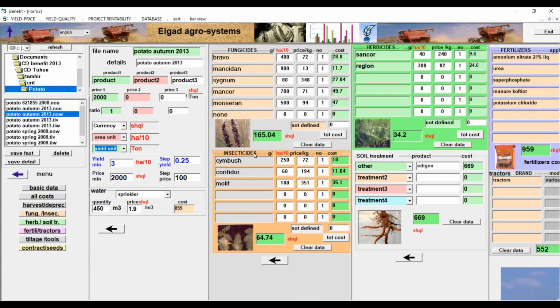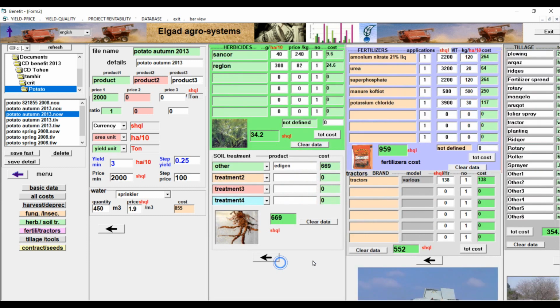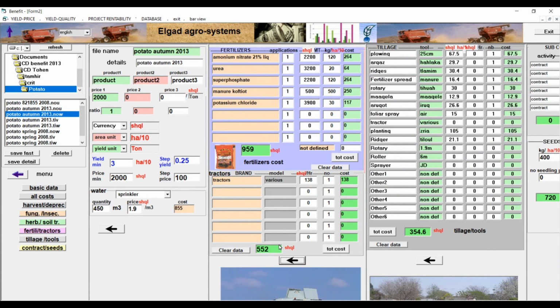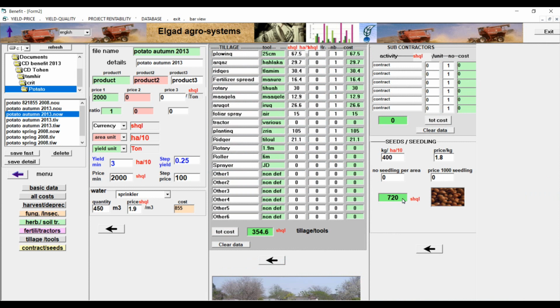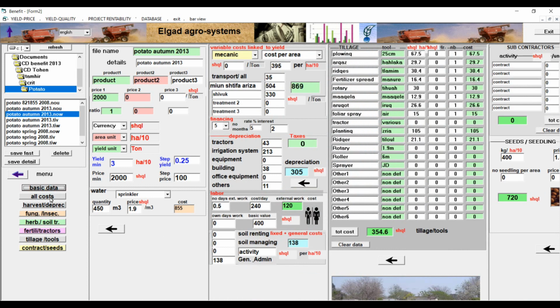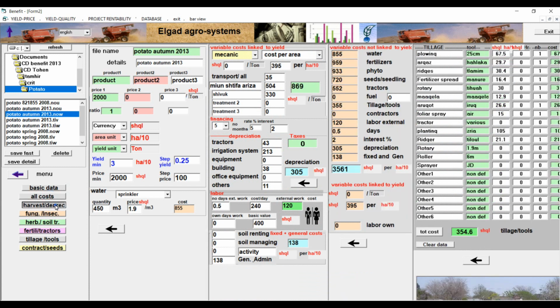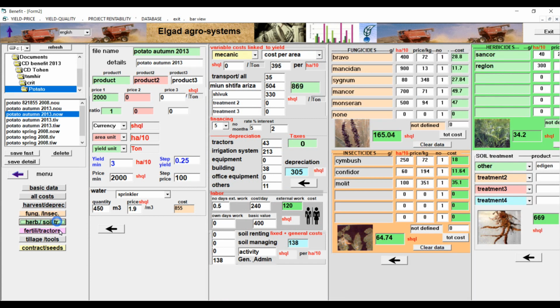Here, for instance, regarding the plant protection, I have detailed each product, the cost, the amount of treatment, the herbicide, the fungicide, fertilizer, the amount, the tractor, the tillage, the contractor, the seeds, the seedling. So I have all the costs here, and this will help me to create a fast and rapid file like the previous one that we have seen before.